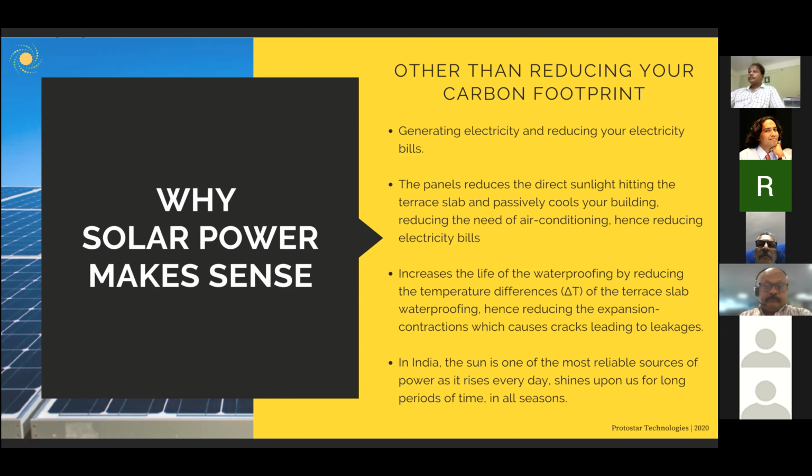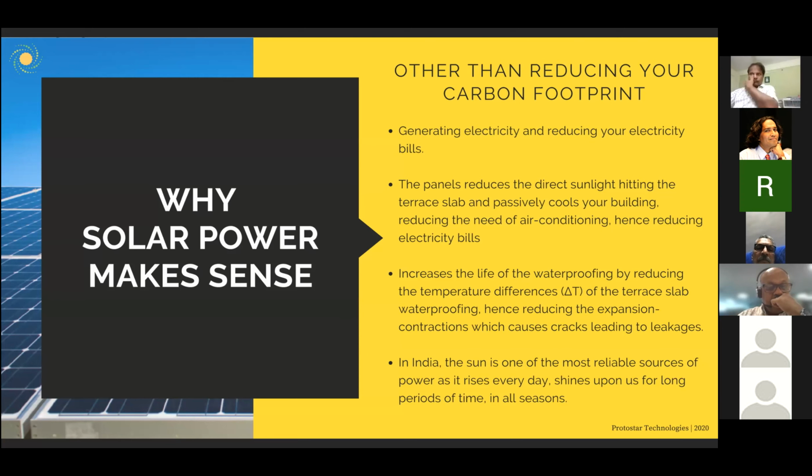But there are other benefits to it. You must be aware that most people don't want to take a flat on the top of the building, under the roof. They don't want to do that because they say that during summertime their apartment gets really hot. In this particular situation, when your entire roof is covered with panels, the whole building cools down.